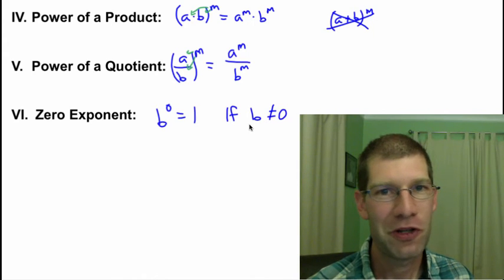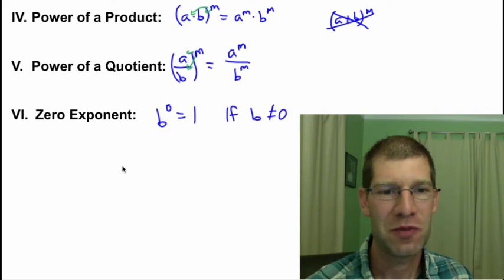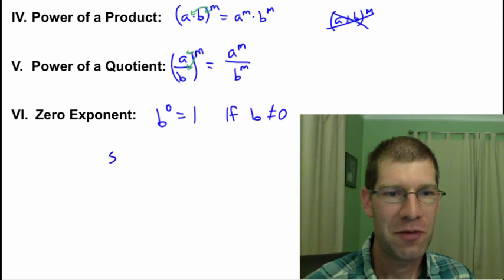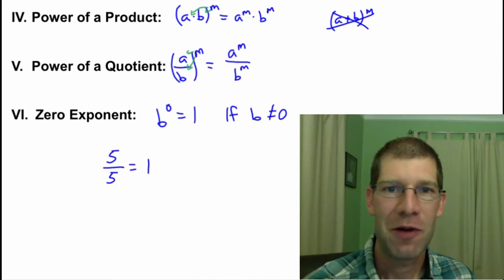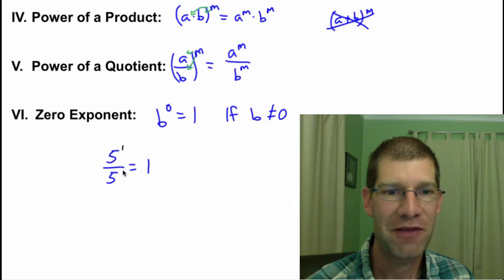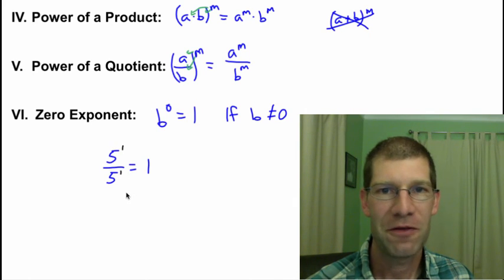And that's officially the end of the notes, but with this one I like to look at why, so it's not really smoke and mirrors. If you take some number, I'm just going to pick 5, but this will work for any number except 0. 5 divided by 5, we know that equals 1. But 5 over 5 is the same as 5 to the first over 5 to the first.